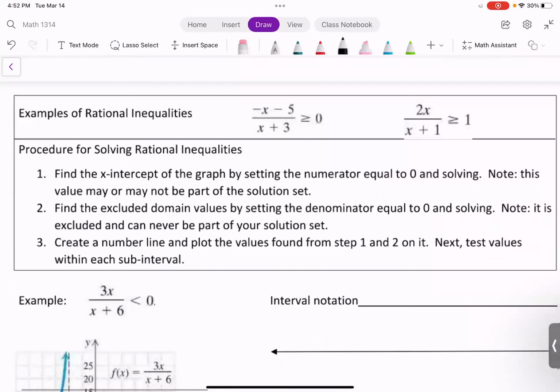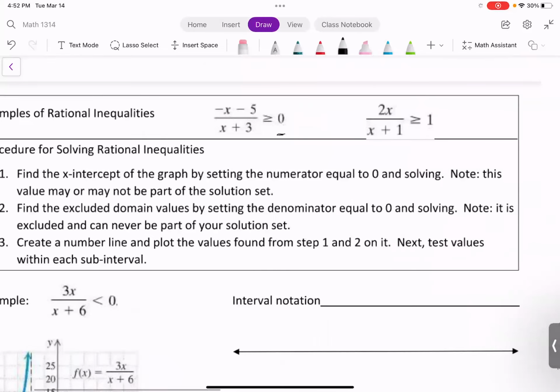All right, let's move on to see the rational inequalities. Rational inequalities have a form like these. On the left side is a rational expression. On the right side is a number, normally 0, and then we solve it. If it's not 0, we subtract it from both sides.